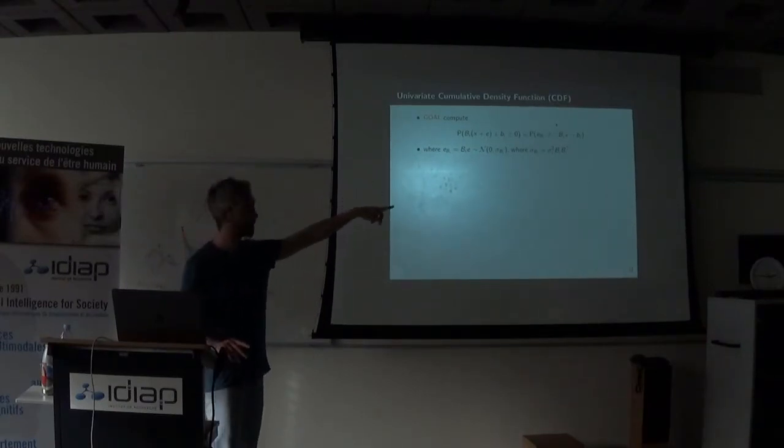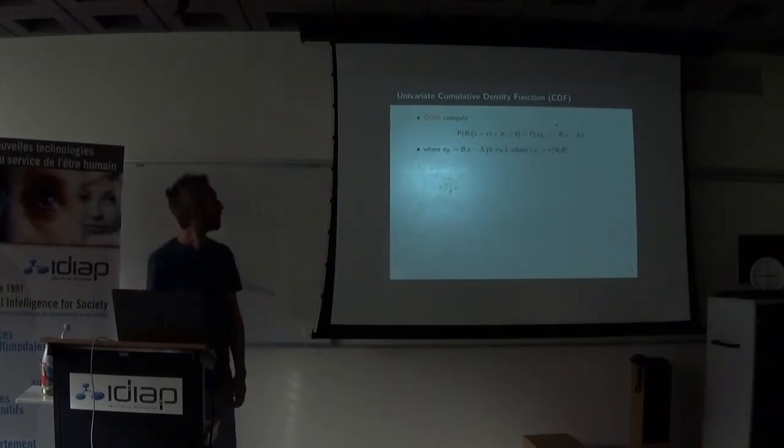And there you can see why it has off-diagonal terms, because it's the product of B_i times B_i transpose.